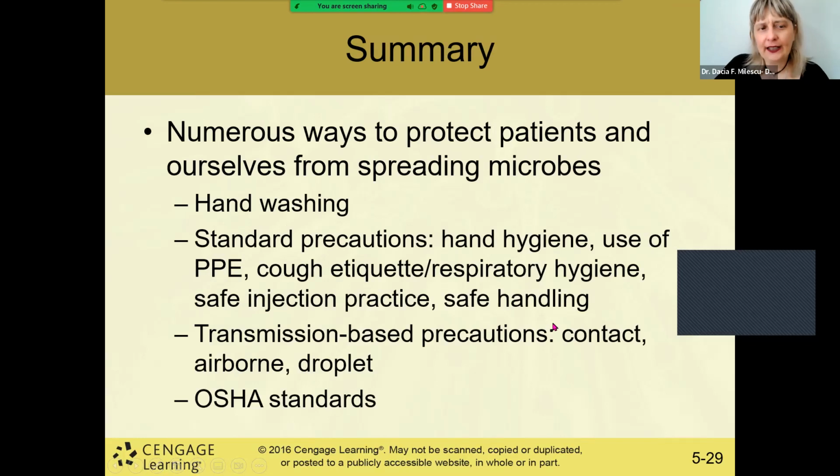All right, and then finally, the latter end of this lesson was all about proper hand washing, standard precautions such as hand hygiene, use of PPE, cough etiquette, elbow, respiratory hygiene, safe injection practice, safe handling, and of course, transmission-based precautions, contact, airborne, and droplet.